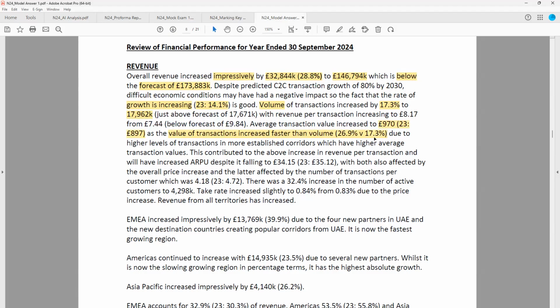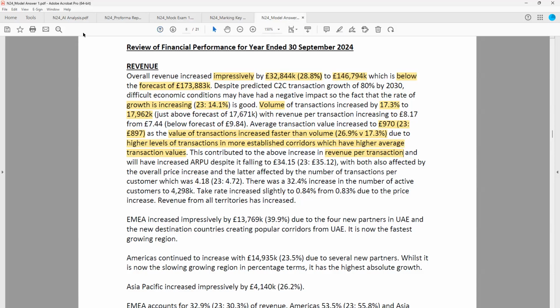Why is that? Why is the value going up faster than the volume, i.e. why is average value going up? Well, of course, we were told in the AI, high levels of transactions in more established corridors, which have higher average values. So, of course, we know that's contributed to the increase in revenue per transaction.